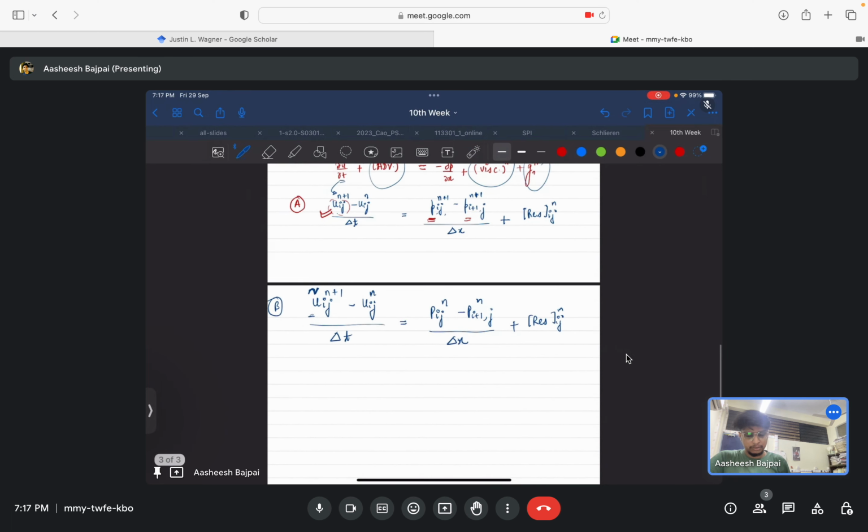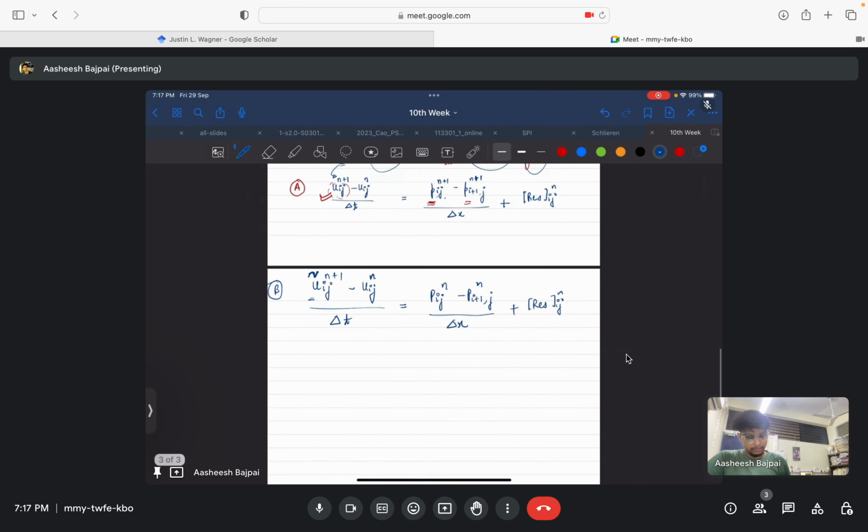Let's add these two equations, or subtract these two equations. When we subtract, what will happen? U_ij at n+1 minus U tilde_ij at n+1, this value will come, divided by delta t. Is it clear? And next, this P_ij.